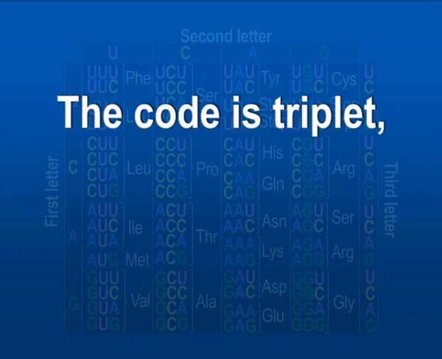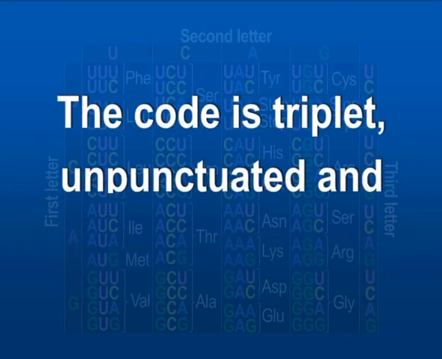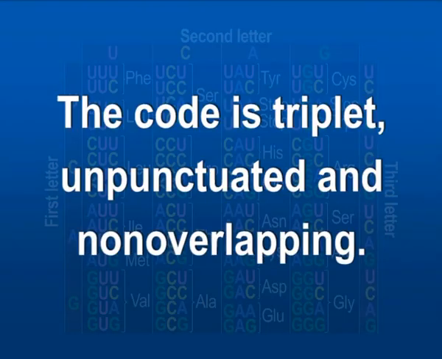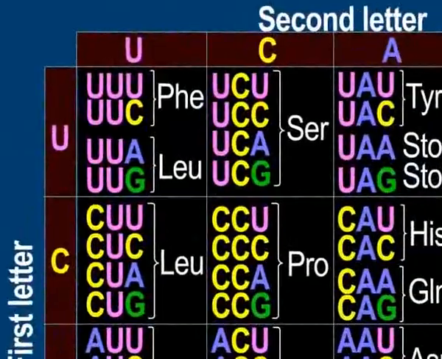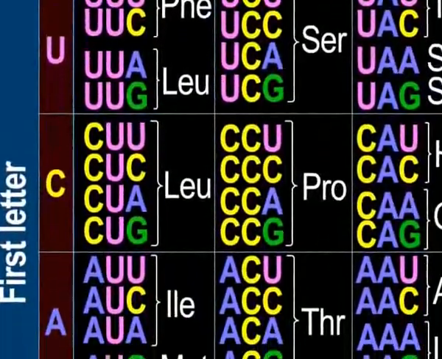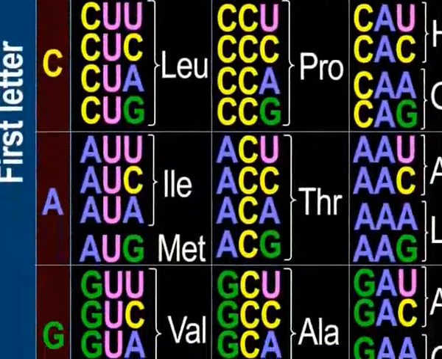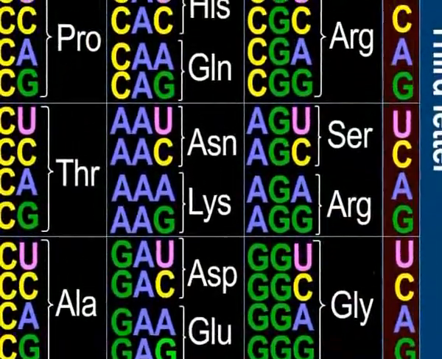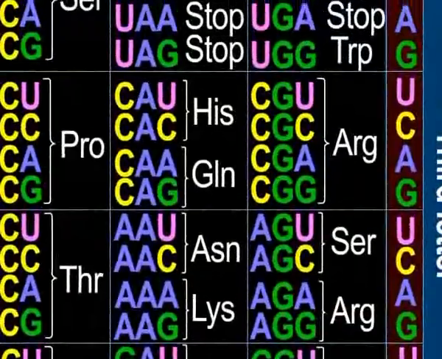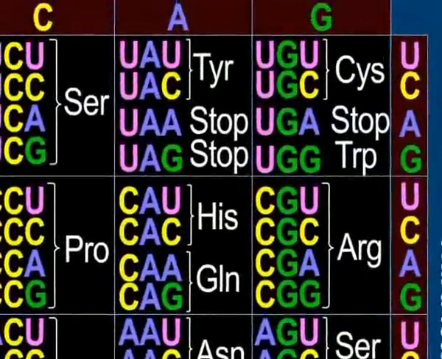The code is triplet, unpunctuated and non-overlapping. It became clear that 3 bases are required to specify each amino acid. There are no gaps between codons and these codons do not overlap.